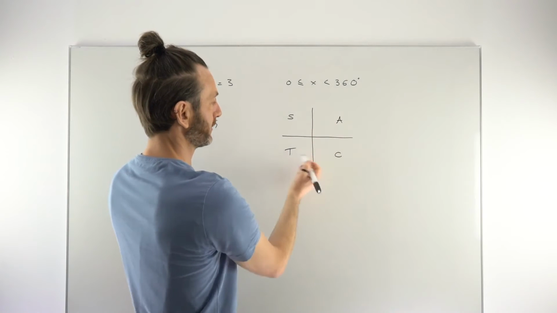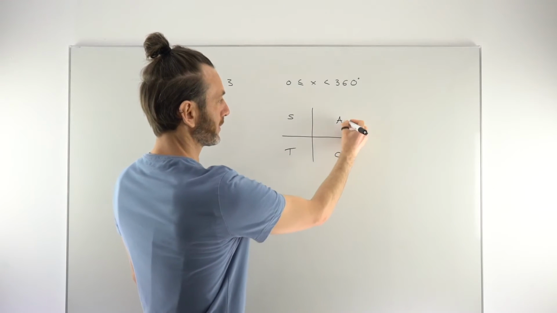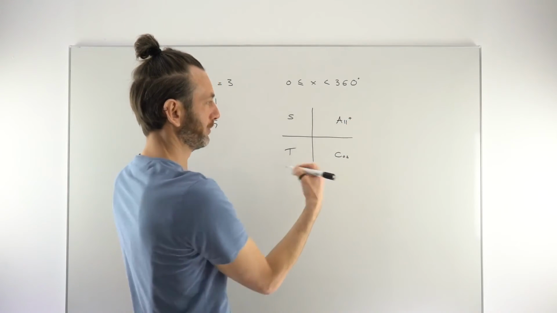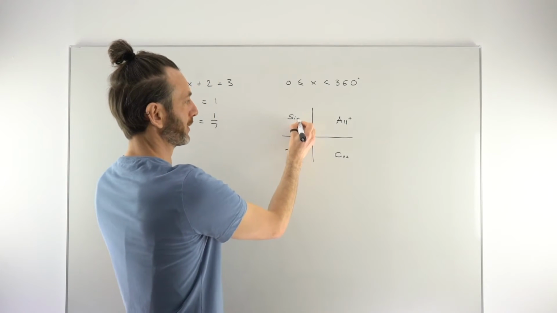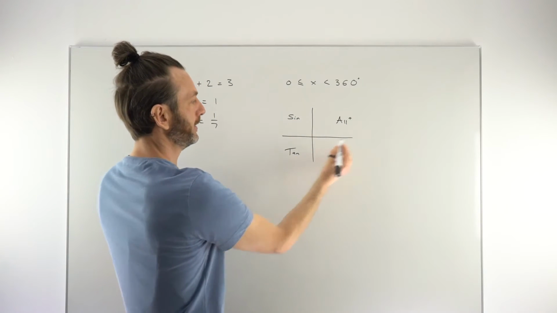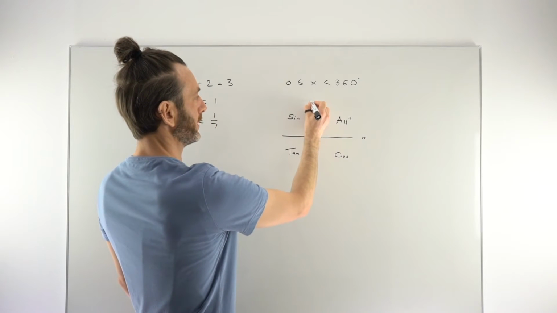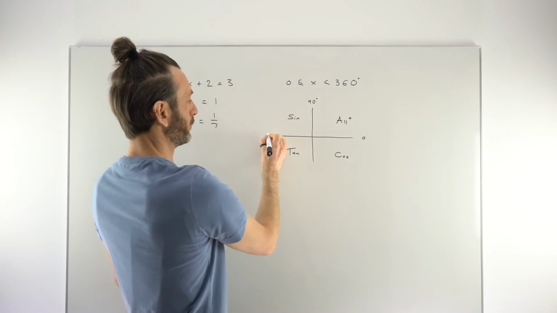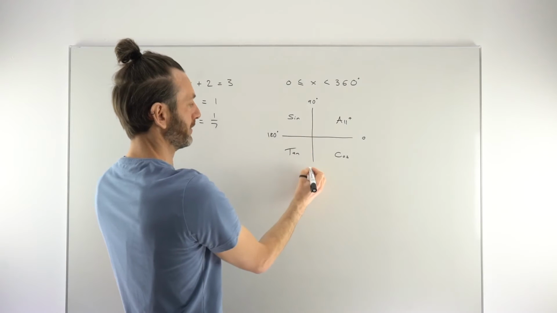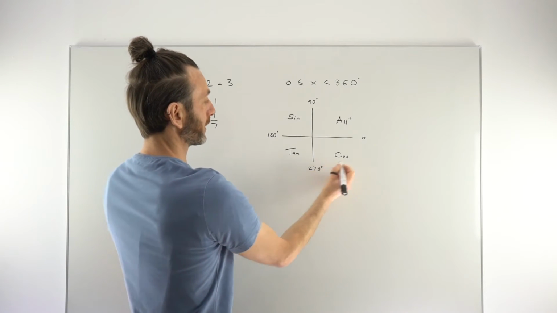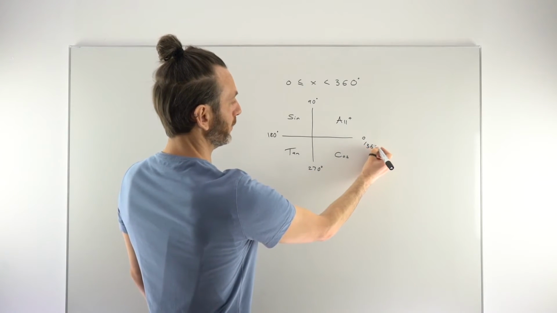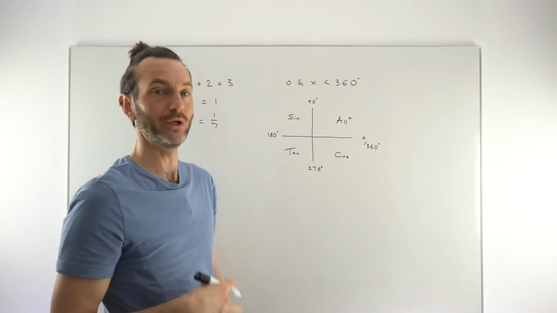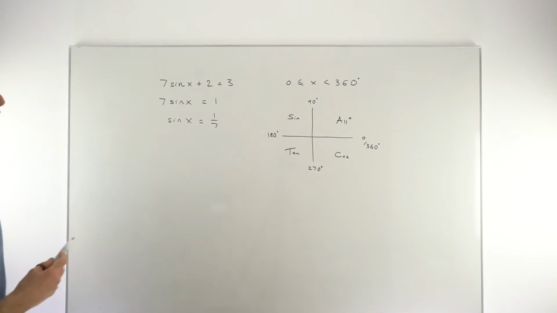CAST: C for cosine, A means all, it actually means all positive, and we'll maybe explain that in a second, then sine, then tan. And also the labels, 0 degrees, 90 degrees, 180. You might find that by exam time you don't need to draw the CAST diagram anymore. You might just know these off the top of your head. That's fine. You wouldn't lose any marks for that.